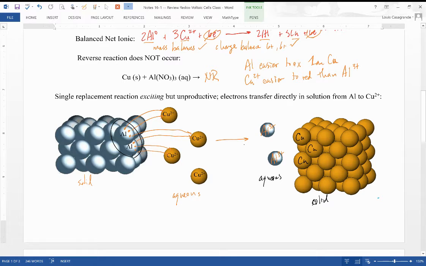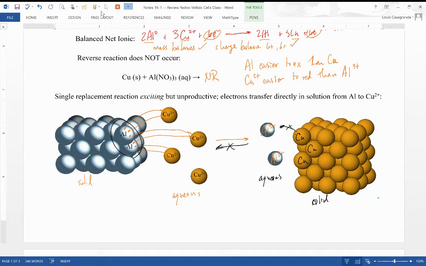Notice that the reverse reaction is never going to occur, and this is what I mean. So copper is never going to give, it has those 2 electrons, it's never going to give those electrons to aluminum because it's not easy, it doesn't have enough power to reduce that aluminum. Okay, so that's what we need to know for now.